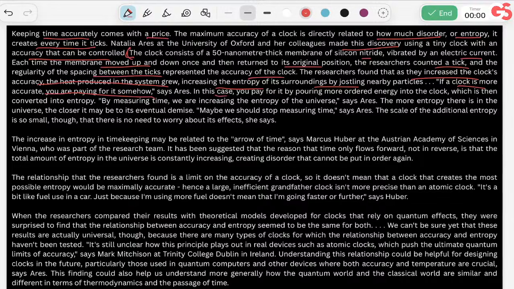In this case, you paid for it by pouring more ordered energy into the clock, this is important, which is then converted into entropy. By measuring time, we are increasing the entropy of the universe, says Harris. The more entropy there is in the universe, the closer it may be to its eventual demise. Maybe we should stop measuring time, says Harris. The scale of additional entropy is so small that there is no need to worry about its effects, she says.